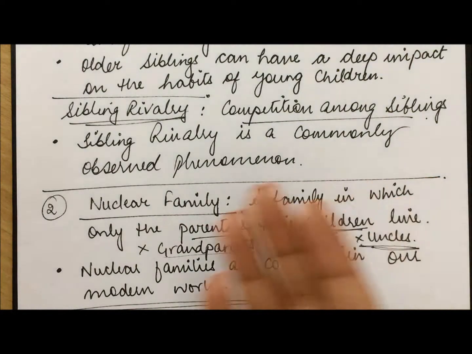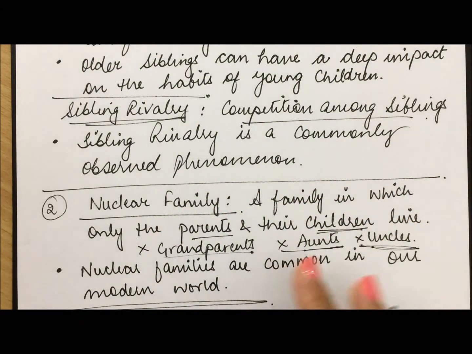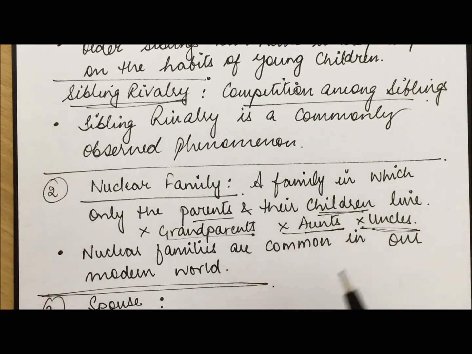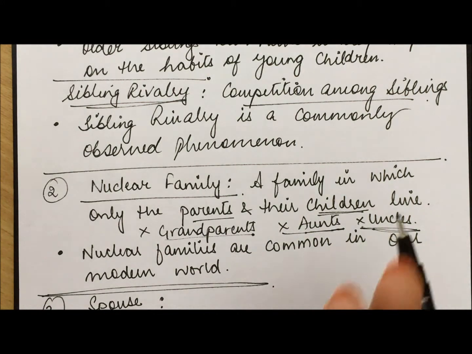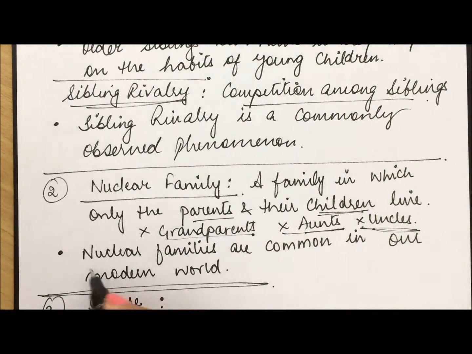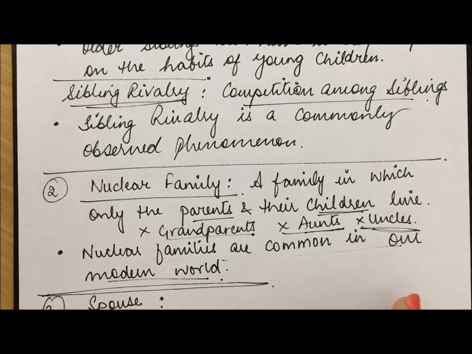That is what a nuclear family generally amounts to. Since they are very common in our modern society, you might have to write some generalized statements in your essays about it in case it is an essay topic about siblings or about nuclear families. So nuclear families are common in our modern world. This is how you can use it.